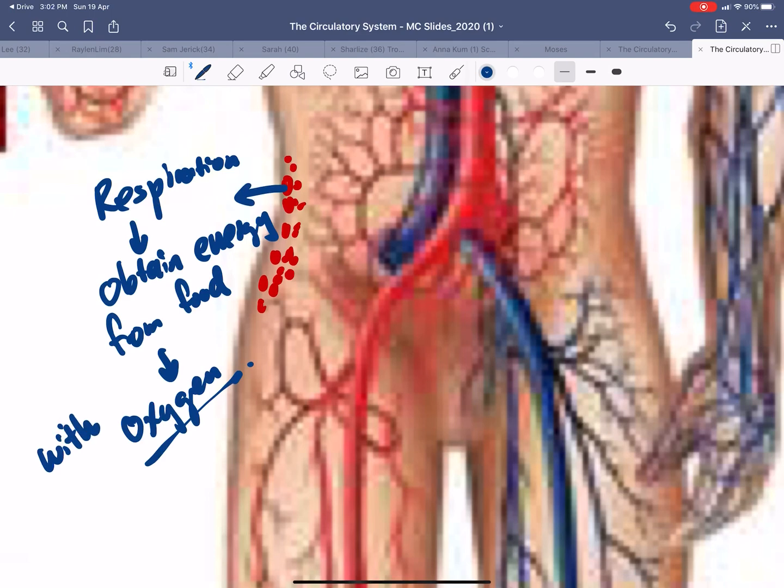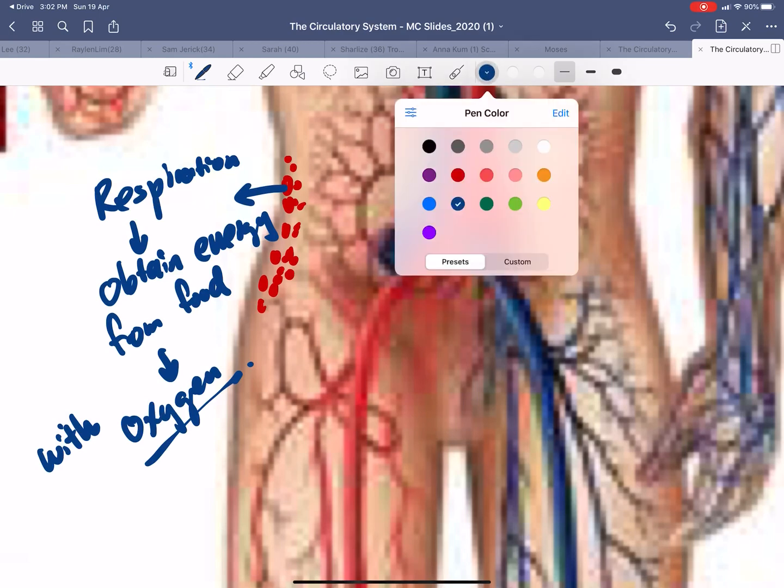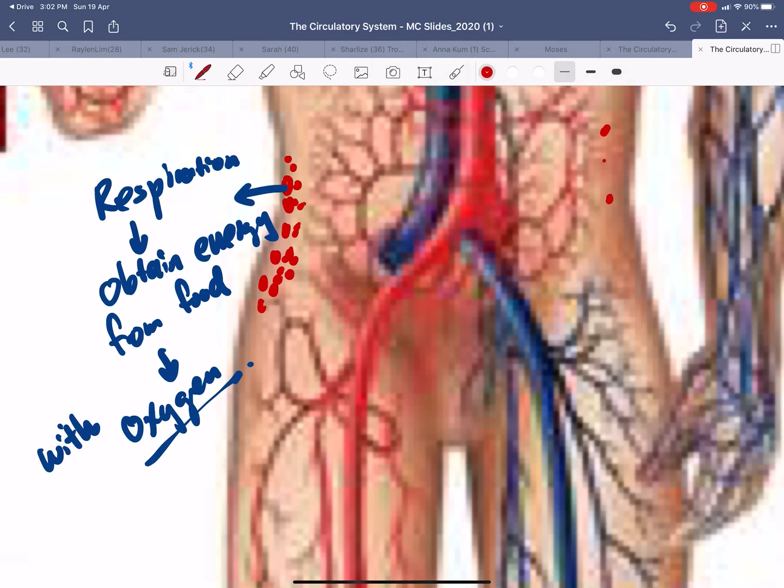Okay, so respiration cannot happen without, firstly, digested food, secondly, oxygen. So you think about it, you have cells over here, you also have cells over there and here and everywhere. In fact, every part of your body is made out of cells. Every single organ in your body is made out of cells.